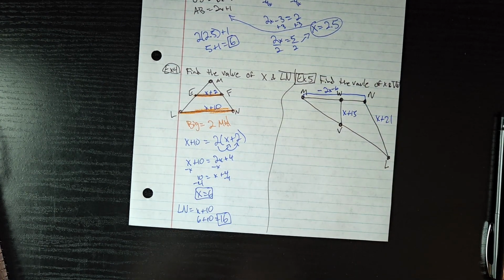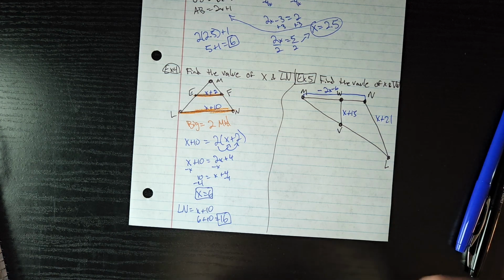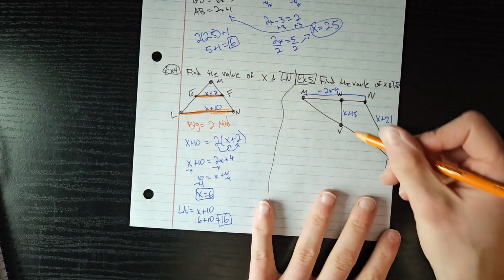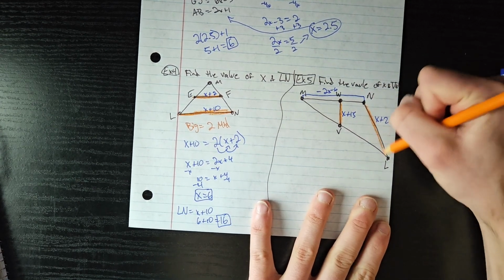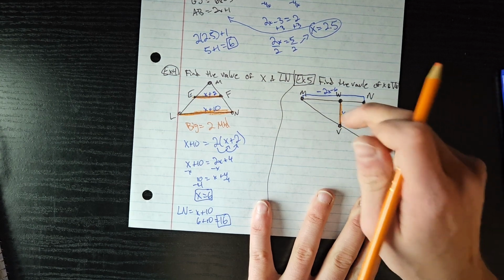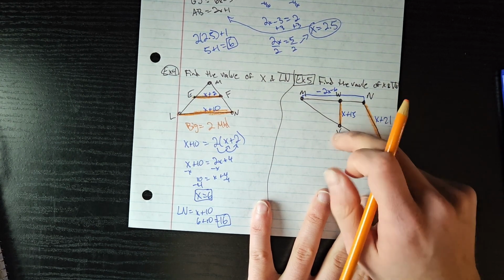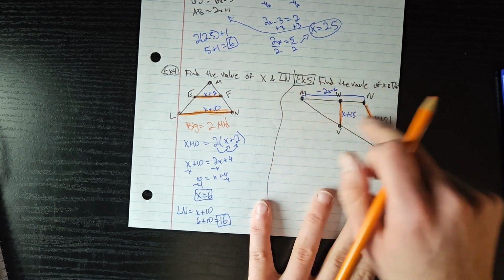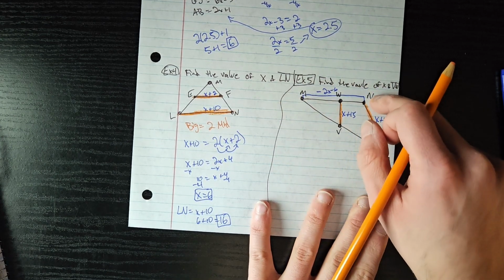So this is all about knowing what information you have and need to use. This is my big segment I'm working with, and this is my mid segment that I have to find the value of, because this is VW. I don't even need to look at this negative 2x minus 6 because it's not even part of the plan.